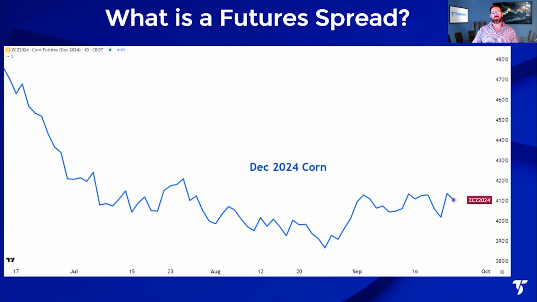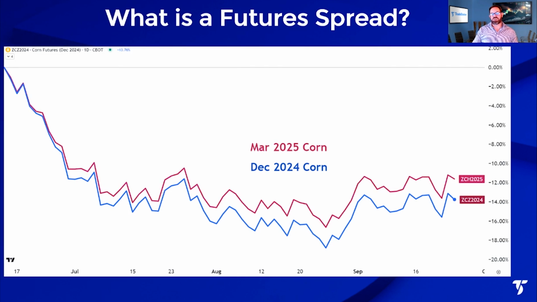As an example, here we have a line chart of corn, and this happens to be December 2024. That's just one security, corn priced in US dollars. Looking at that quote, we're right around $4.10. I know it shows as 410, but it's actually $4.10 per bushel. Well, if we take a look at March corn, that's the same underlying security, corn, but it has a different expiration.